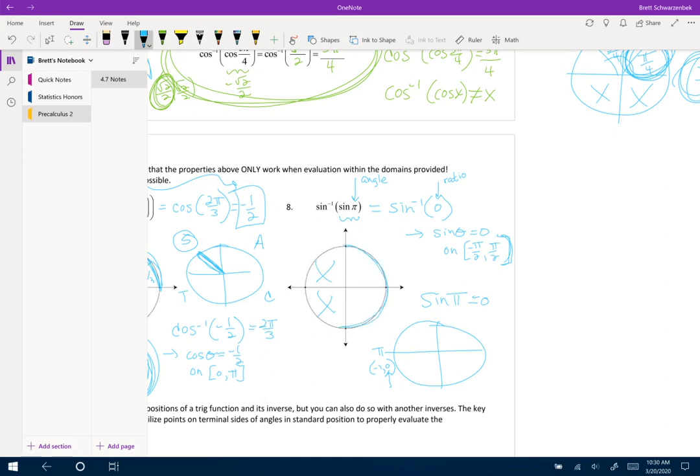So you're going, okay, so when is the sine of theta 0? Well, that is when the y-coordinate in this case is going to be 0. So you look at these coordinates: 0, 1, 1, 0, 0, -1, right? So when is the y-coordinate 0? It seems like it's only here.